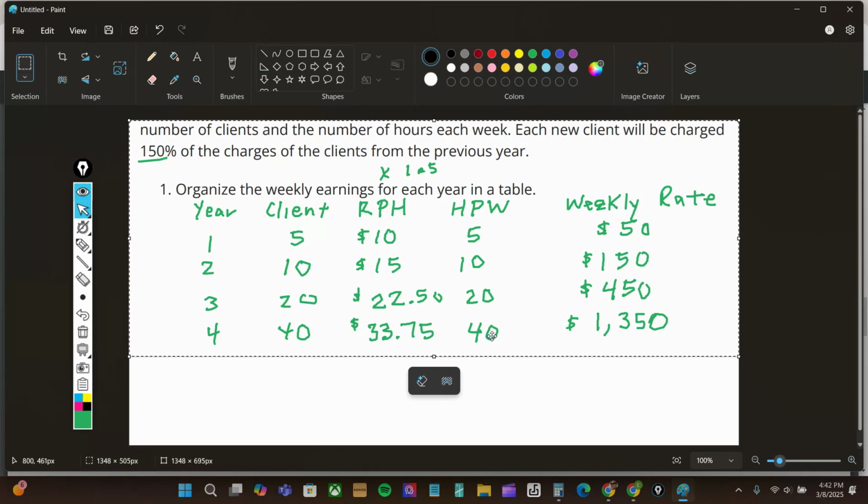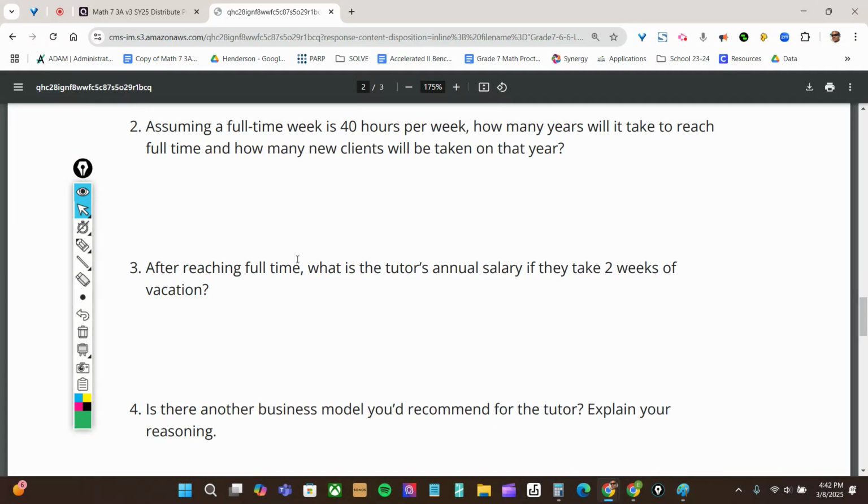Okay, 40 hours is a full-time job, and that's 4 years. And how many clients? So it was 4 years to get to 40 hours.